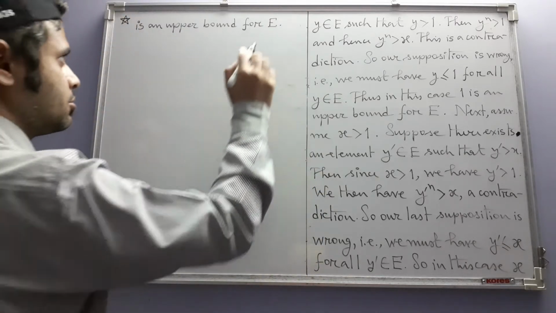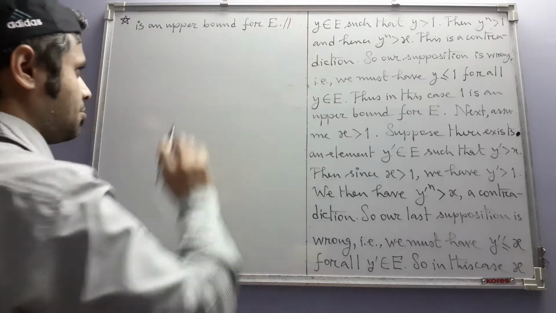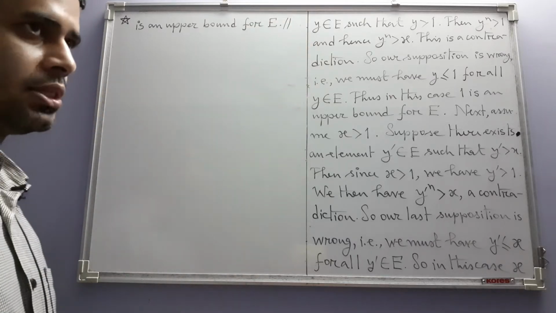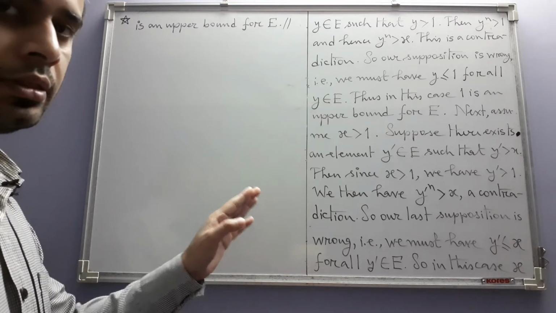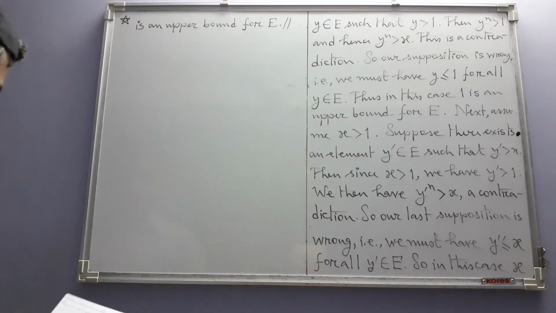That's what we wanted to show. It's a non-empty set that is bounded above, so its supremum is a real number, which according to our definition is the nth root of x.